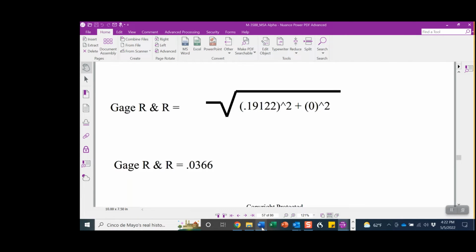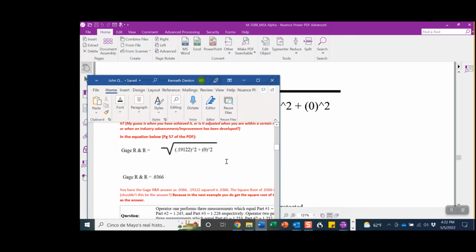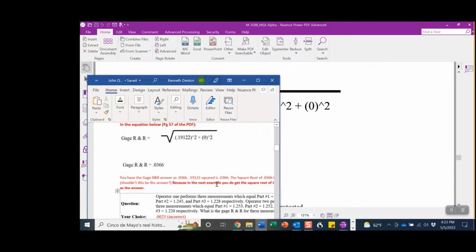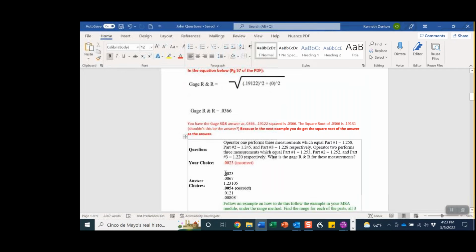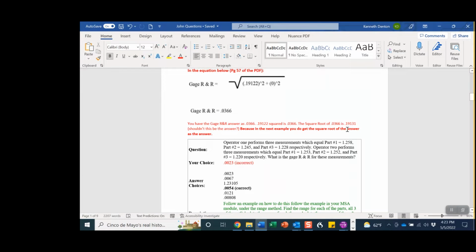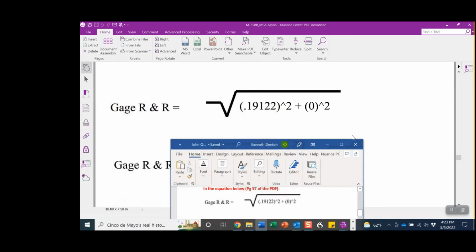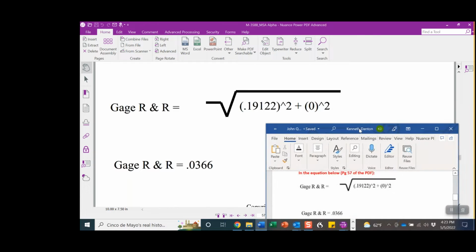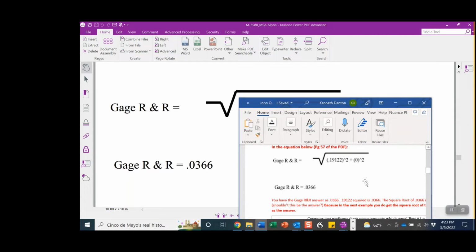Actually, I had it different. I had it as the square root. Okay, so you got it right. So you changed it. Let's see, square root of 0.0366.